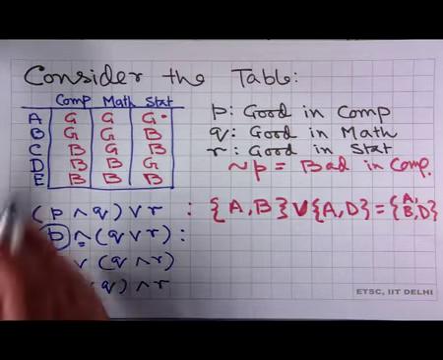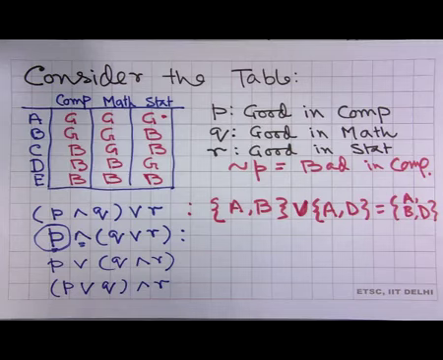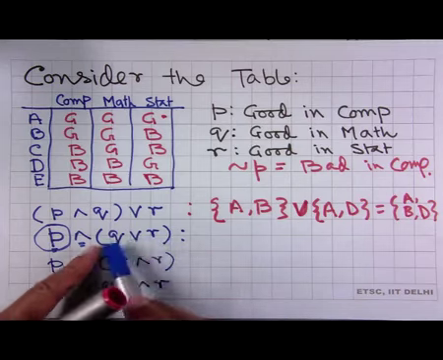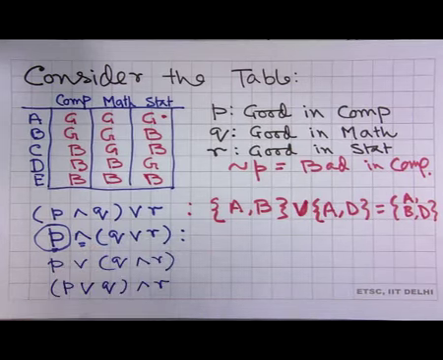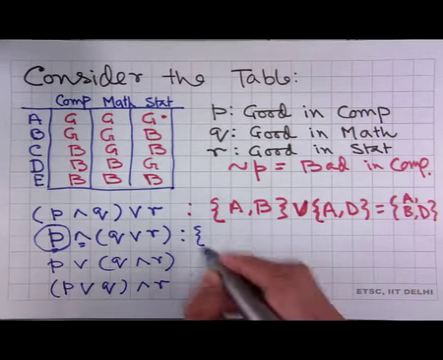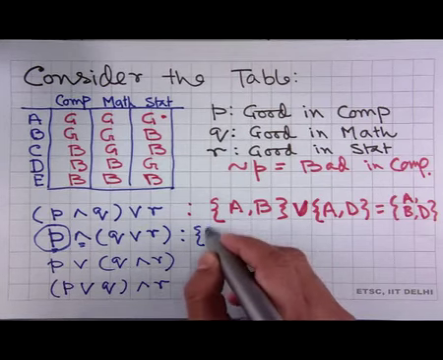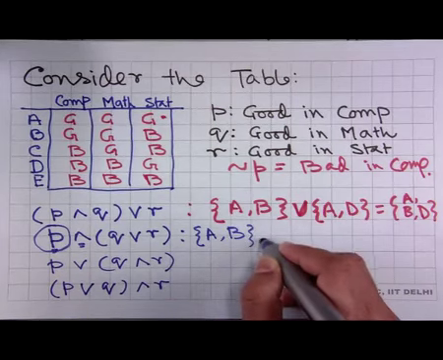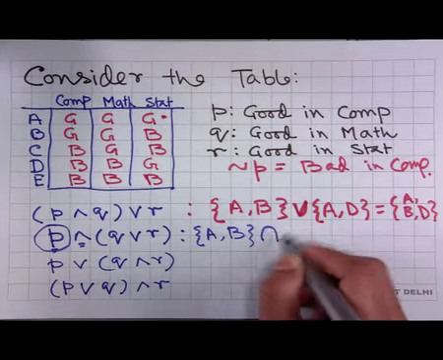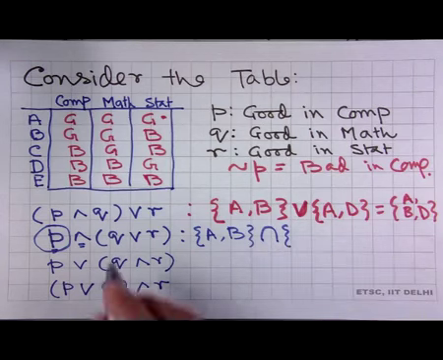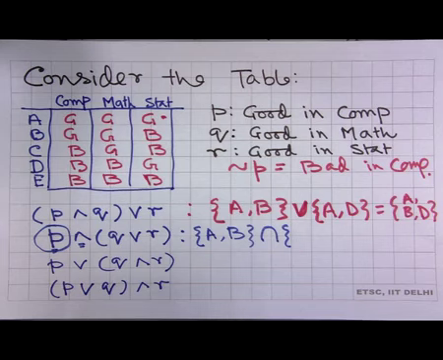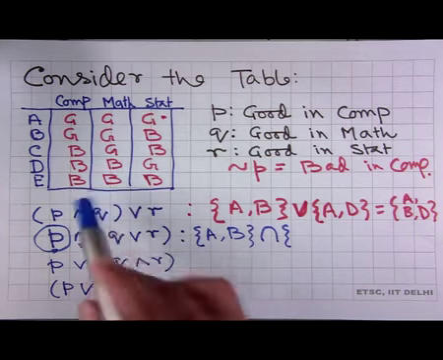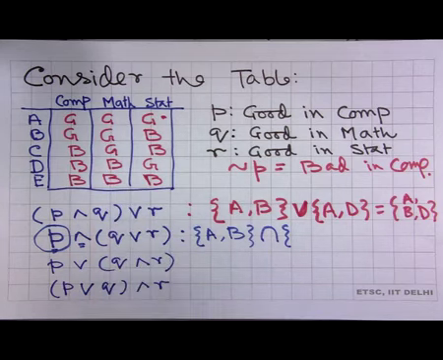Somebody who is good in computer science and somebody who is good in one of these. So, P is satisfied by A, comma B intersected with Q or R. That means, somebody who is good either in maths or in stat or both.